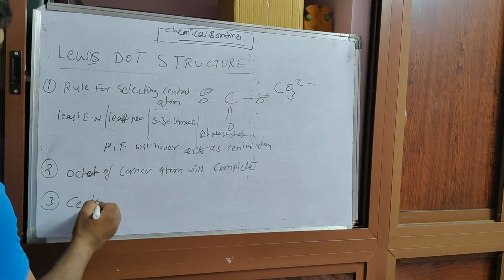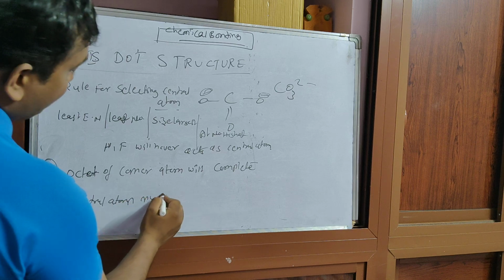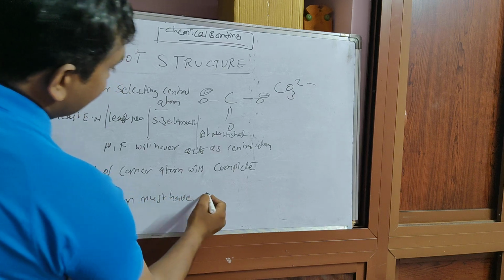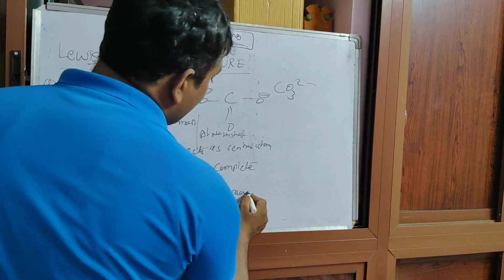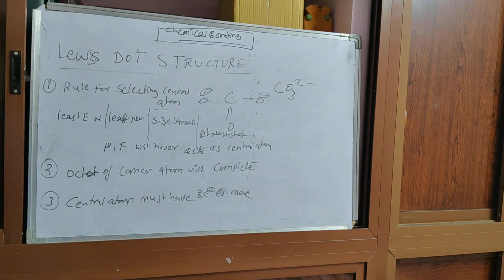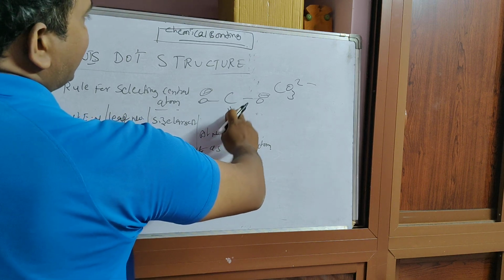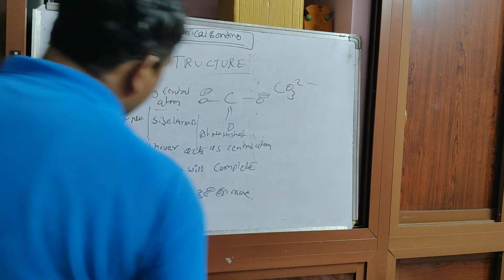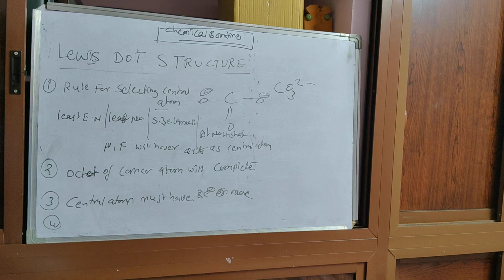The central atom must have 8 electrons, or octet, or more electrons. The central atom will not only follow the octet, it can also extend further, depending upon the number of atoms attached.